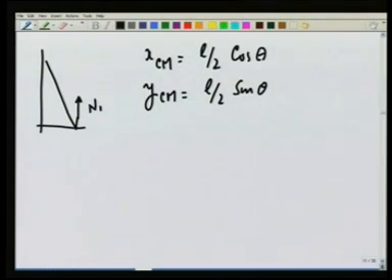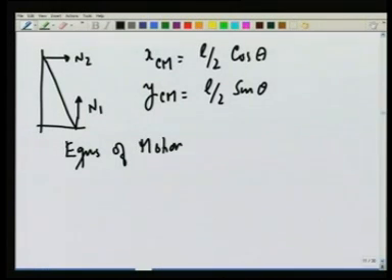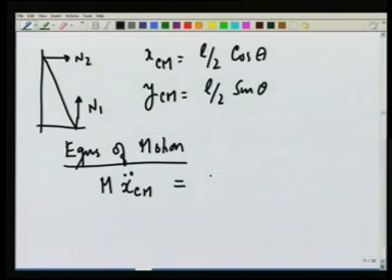This is n1, this is n2. How about equations of motion? The mass of the ladder times x cm double dot is obviously going to be n2.